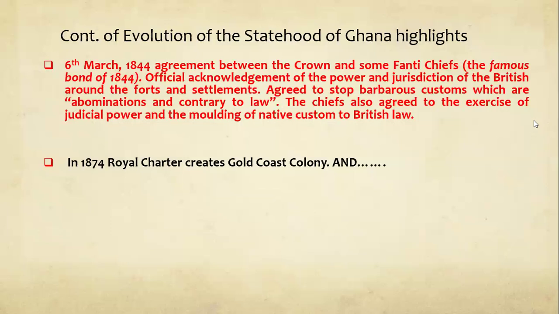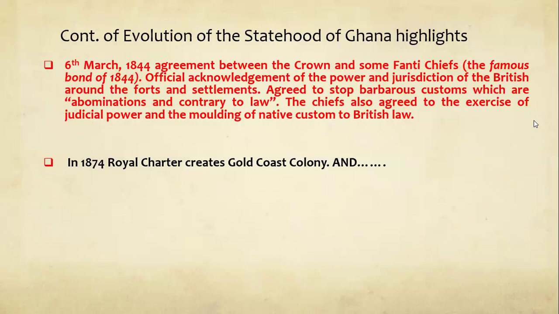So 24th July 1874, we had the royal charter, which said that now the Gold Coast colony is to be established and separated from the administration of the other West African settlements going from Sierra Leone, except Lagos colony, which will in future become Nigeria.